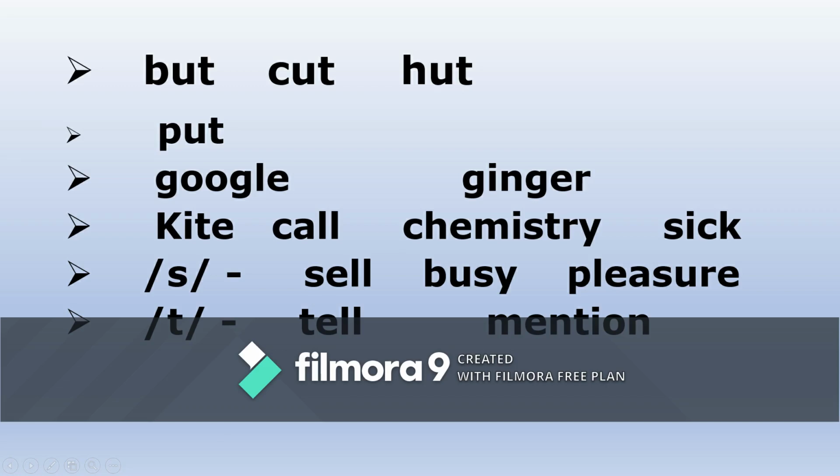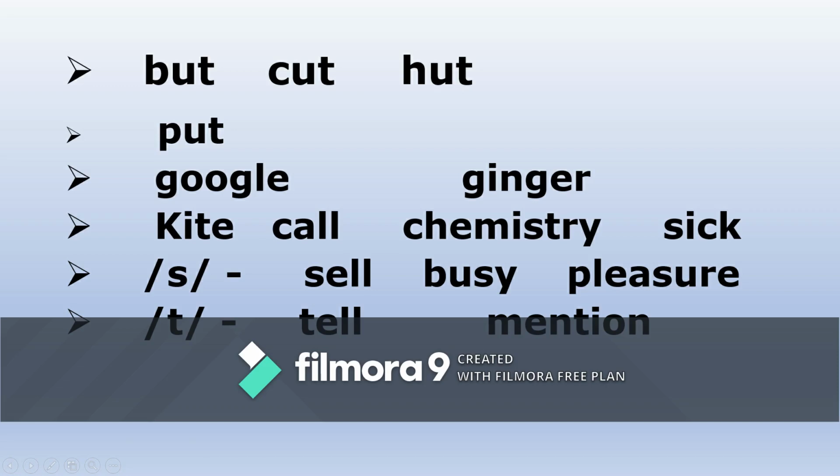If you see other examples like kite, call, chemistry, and sick, in all the words the sound k is represented by different letters. In kite it is represented by k, in call C, in chemistry CH, and in sick CK. If you see the other two examples, the phonetic sound s: sell, busy, and pleasure.